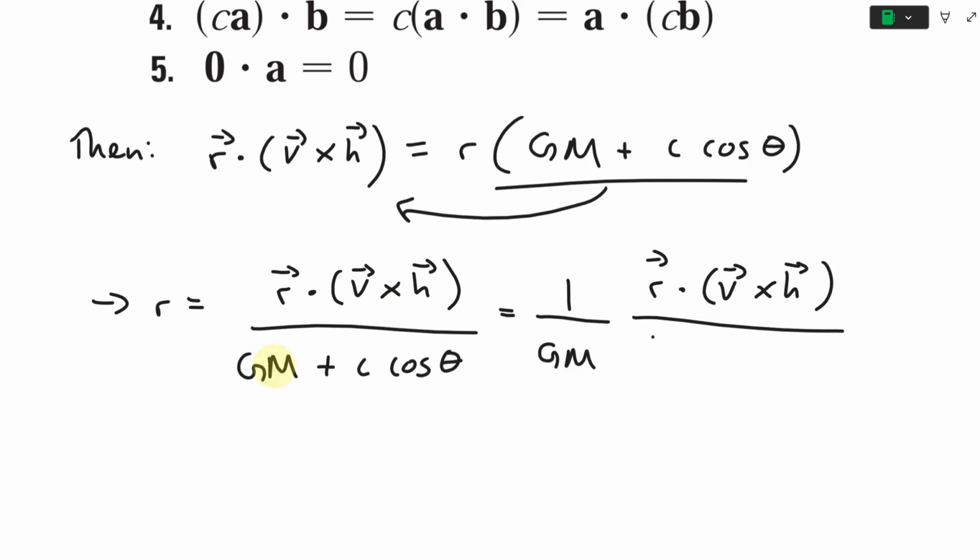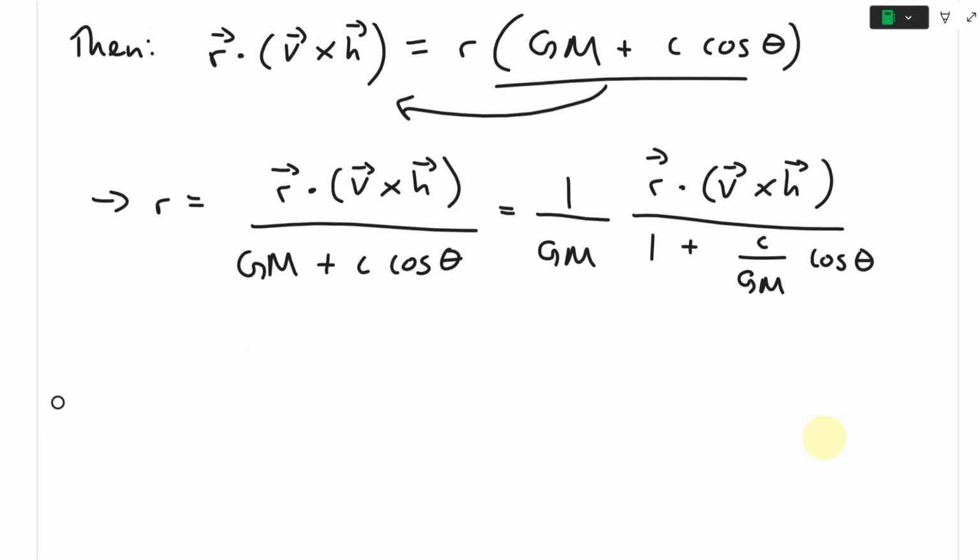And then we have a 1 plus, well, we have to divide this by GM since we took it out of there, so we have a deficit there, and then when we multiply inside, those all cancel out. So instead of just writing it like this, I'm going to let e equal c over GM, like that.